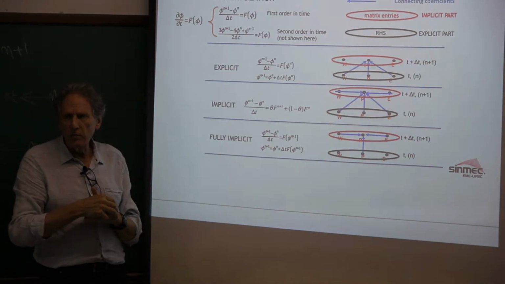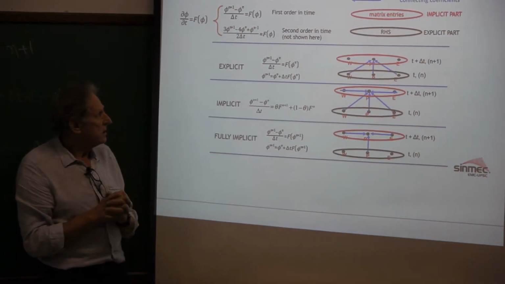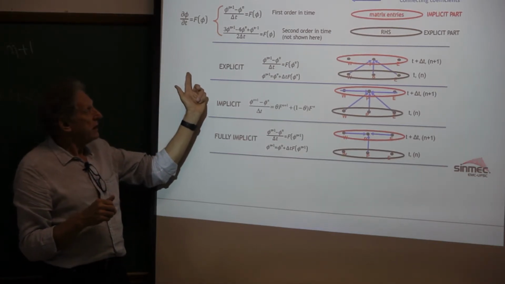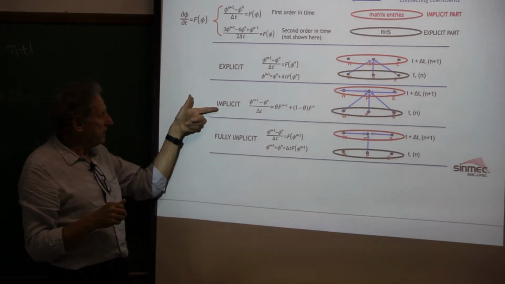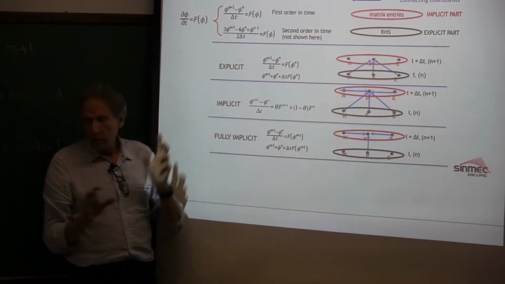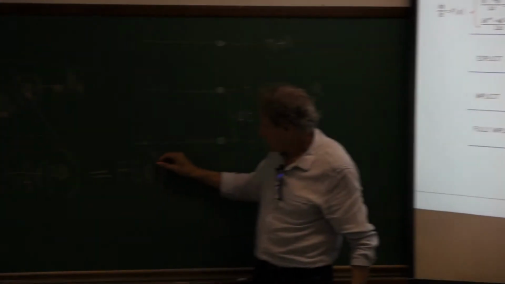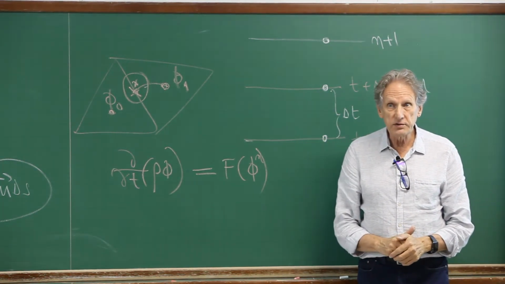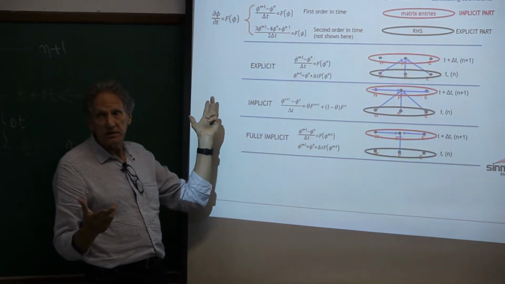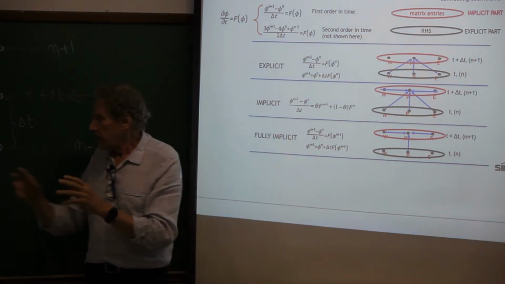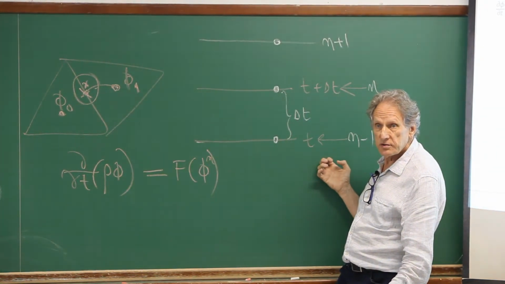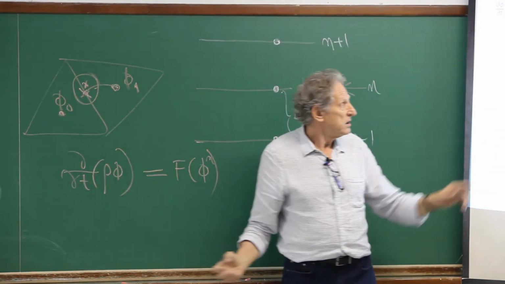I made already some comments and remarks on that, in terms of time step. And this is what happens for the explicit, implicit, and fully implicit. When you do the right hand side as a function of n only, all at the previous time level, then you have everything explicit, because you evaluate everything in the previous time level. So this is the explicit.